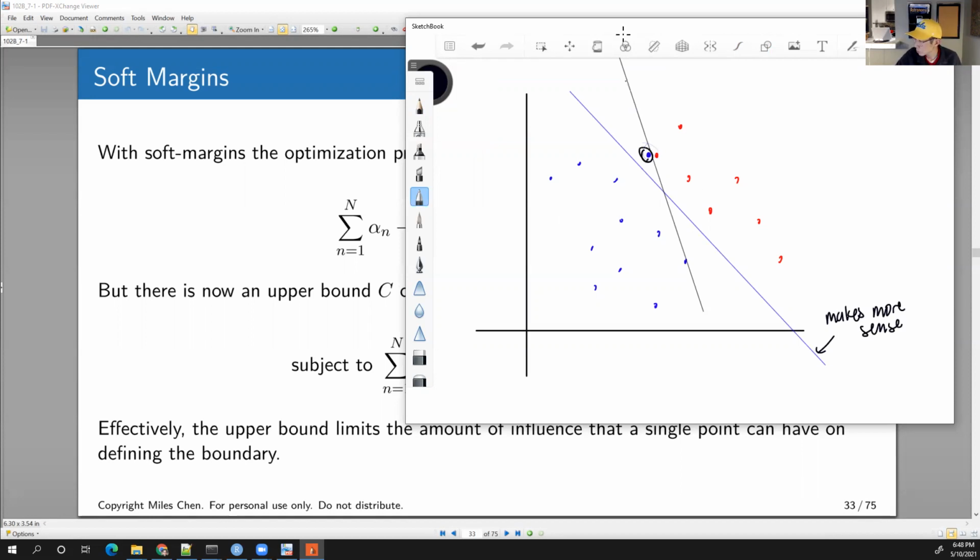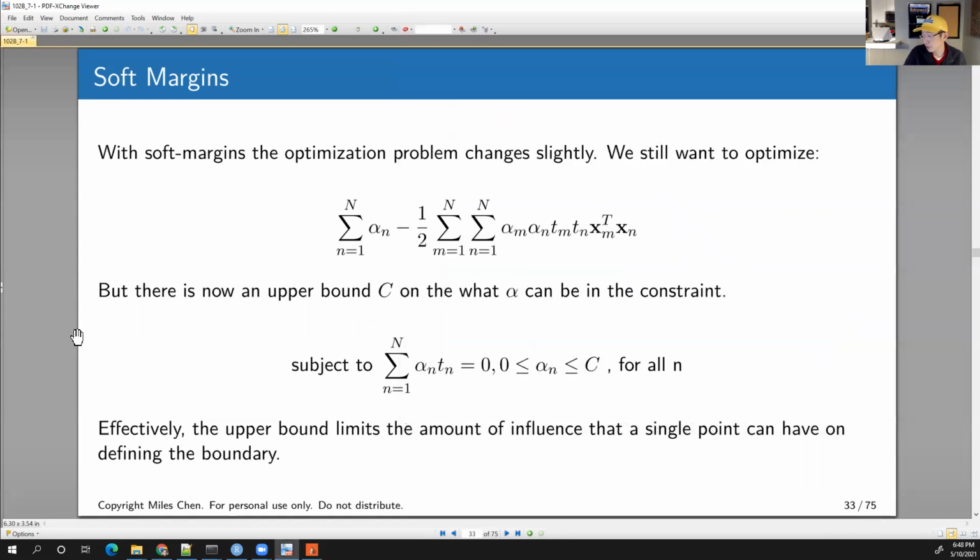But with this one point here, we have to redraw the boundary. What a soft margin will say is, let's keep the one that makes more sense, and we will allow a point to end up on the wrong side. So we're putting a limit on how much influence a single point can have on defining the boundary.